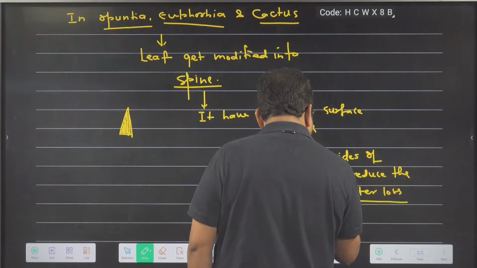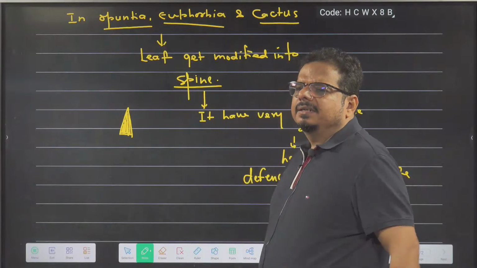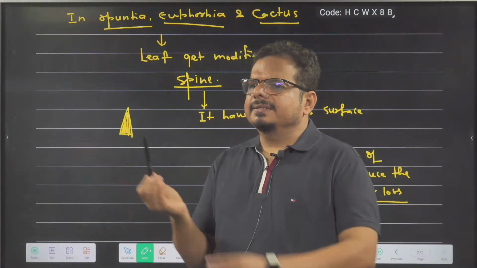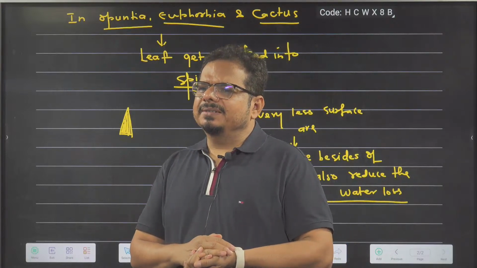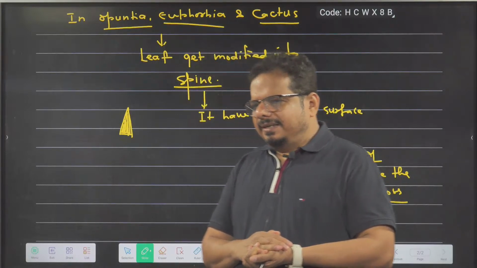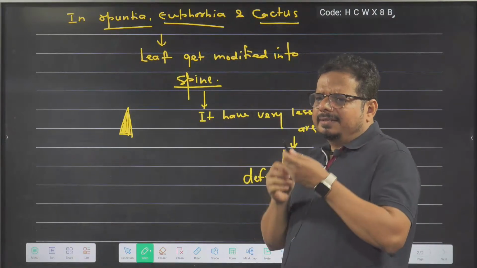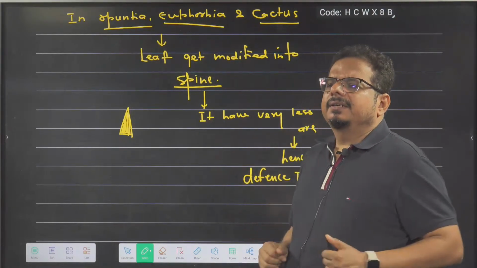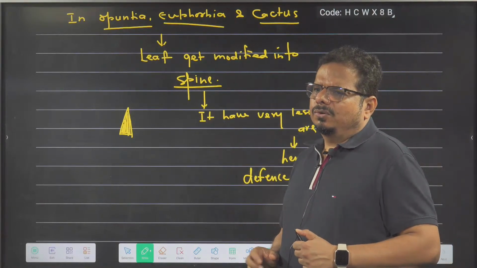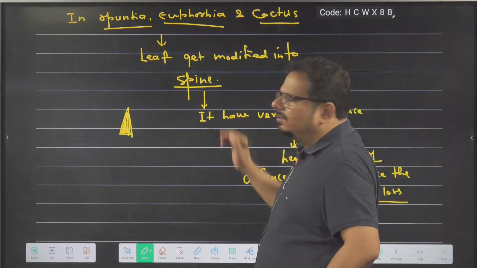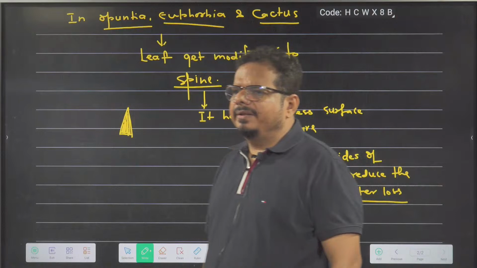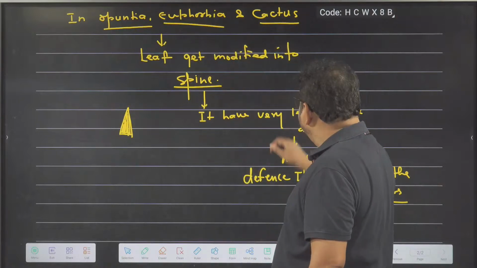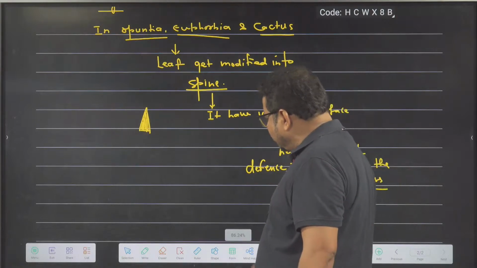During transpiration, water loss occurs through the leaf, but the leaf is pointed like this. It has a very less surface area. So who will not lose the water? The leaf will not lose the water. Understanding the idea? Clarity came, and it is a highly pointed structure. So no organism goes near it, otherwise they will puncture their skin. So it helps in defense also, and it also helps in reducing loss of water.